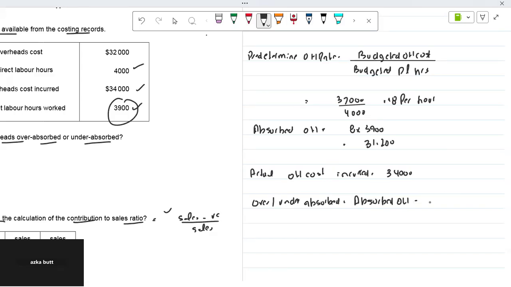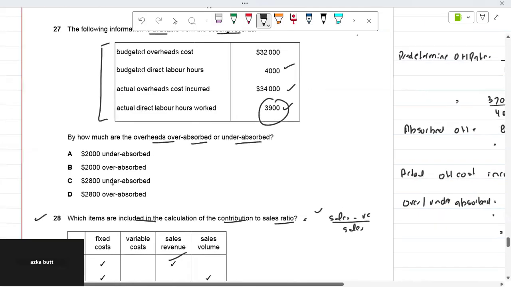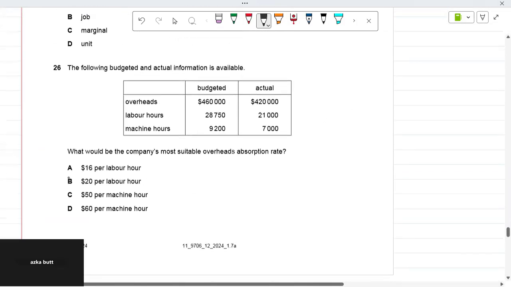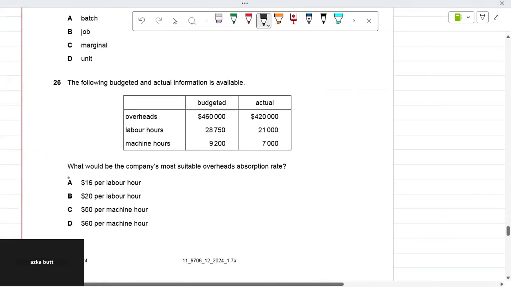So absorbed is 31,200 minus 34,000, which is actual. The answer is in negative form, so overheads are under absorbed by $2,800. Now let's see the next question.